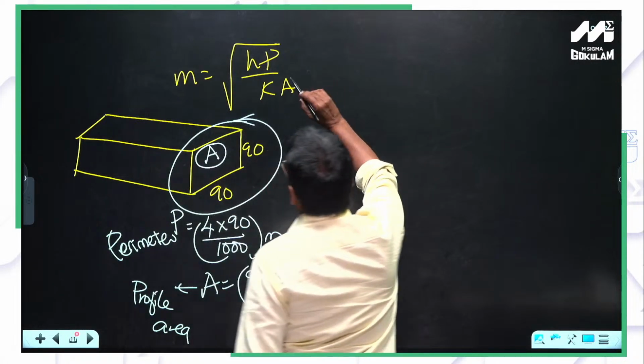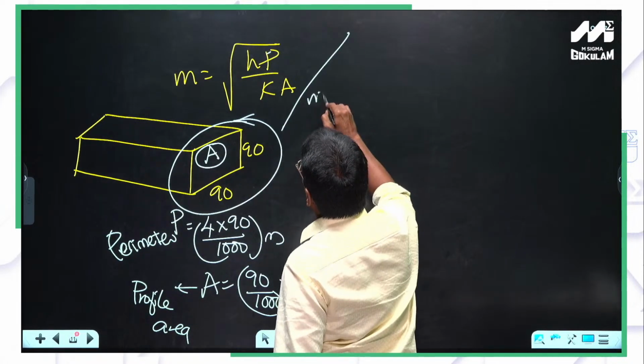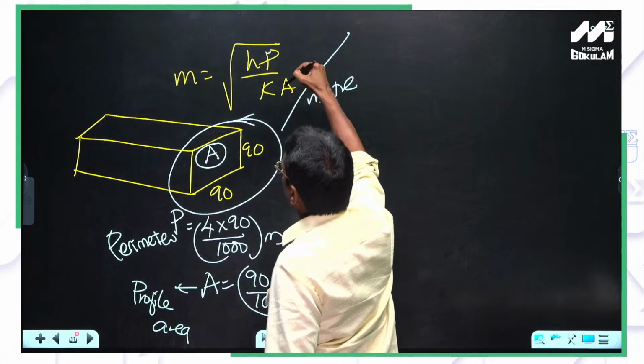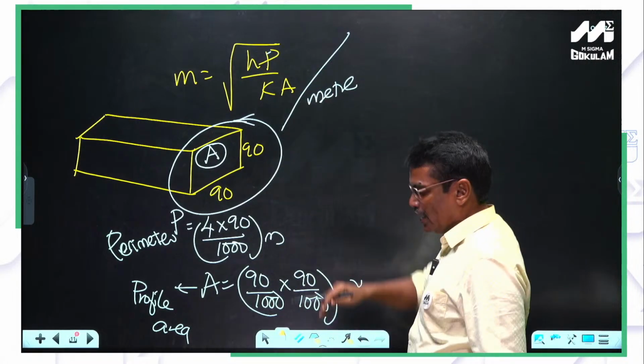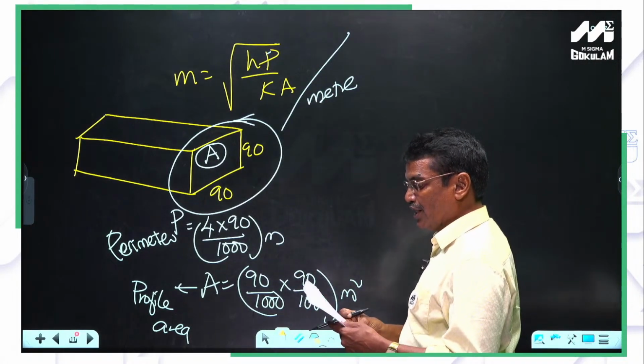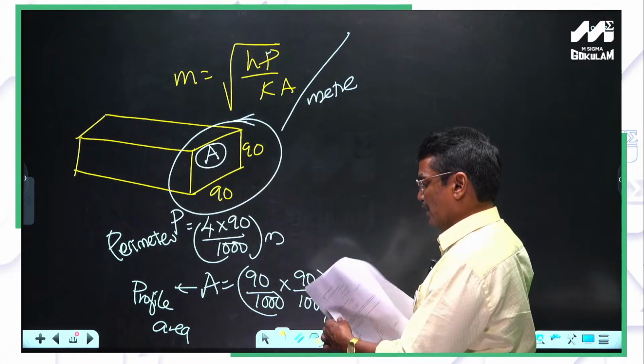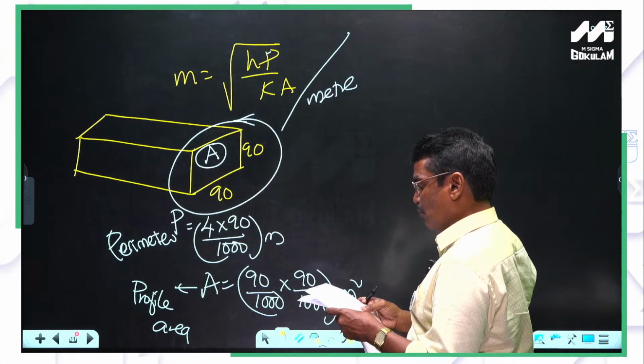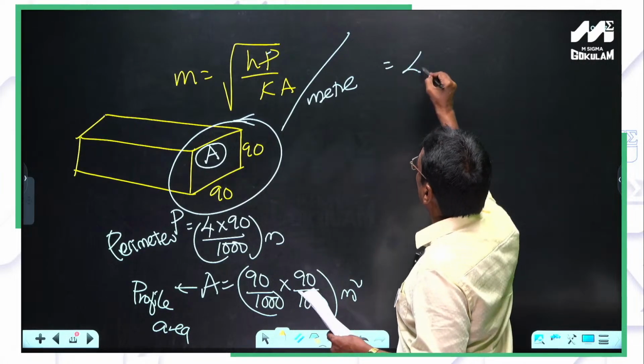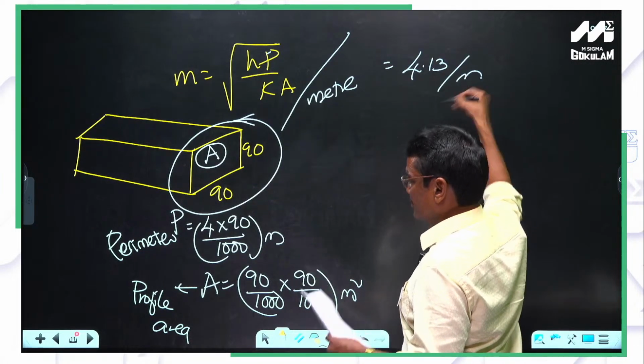Now, for any fin problem, first we have to calculate this m value, where P is the perimeter, A is the area of cross section, h is the convection heat transfer coefficient. I got the m value as 4.13 per meter.